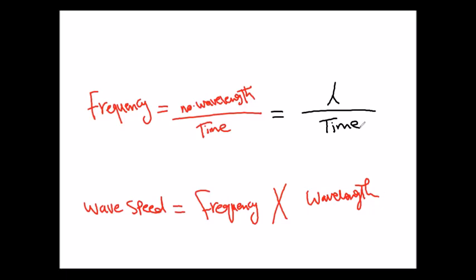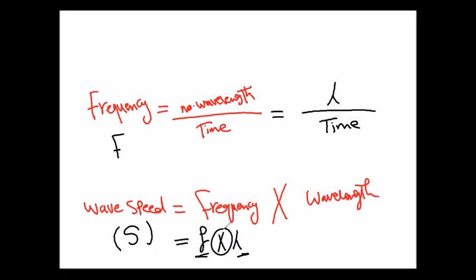So as we said, you have two equations you learned this year. The one for frequency, which says it's the number of wavelengths over the time. And you learned another equation, which is wave speed.